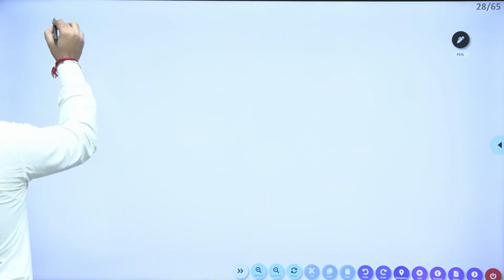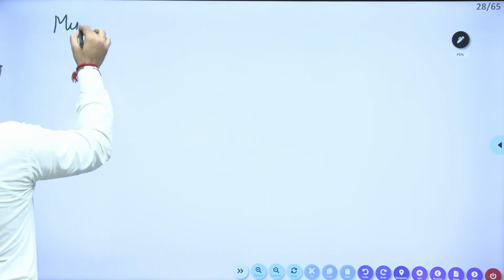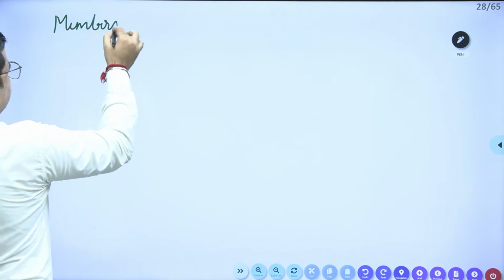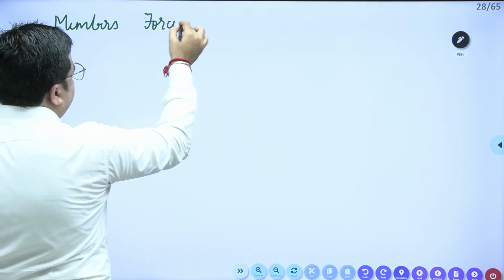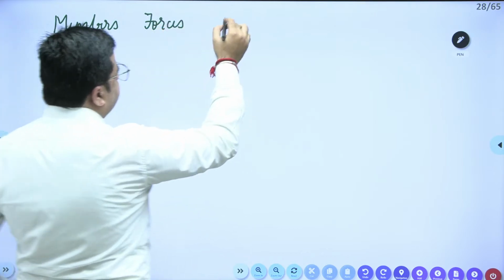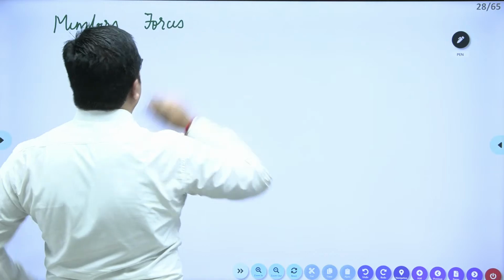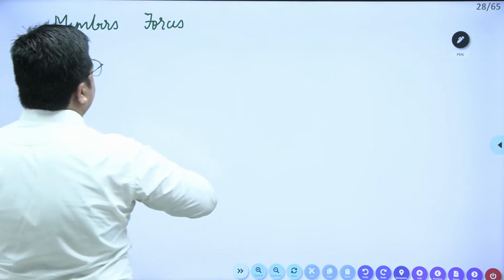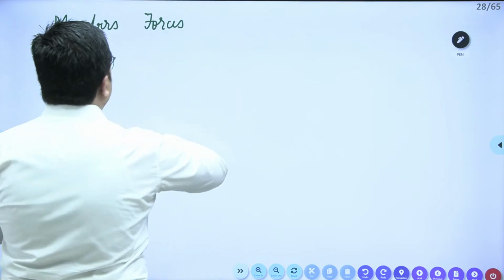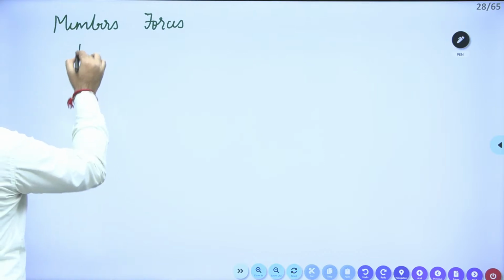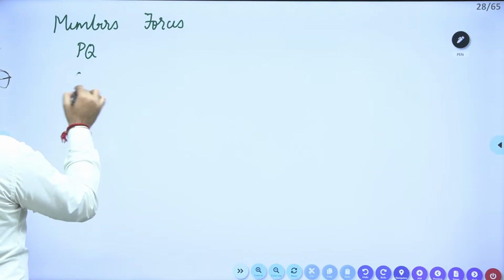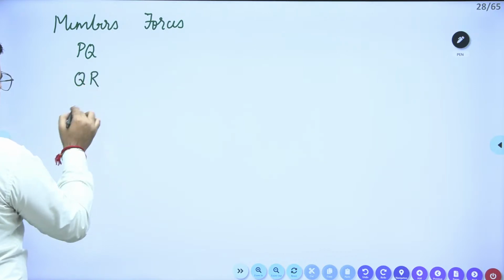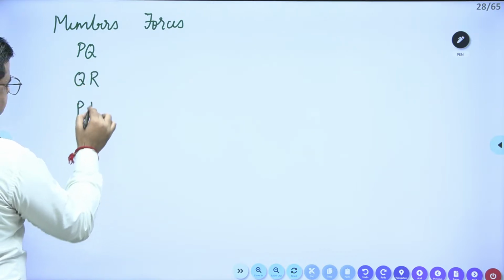So here I'll write members, then forces, then I'll write strain energy. So I have all the P values for member PQ, then member QR, and then member PR.